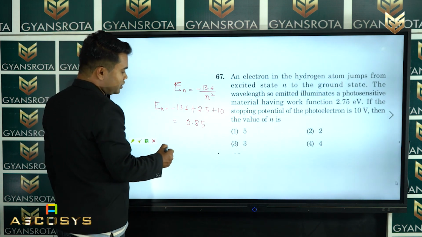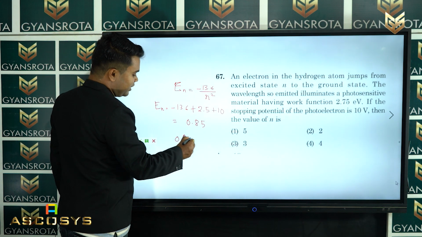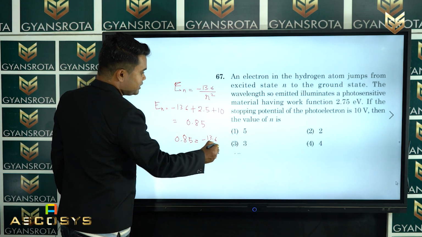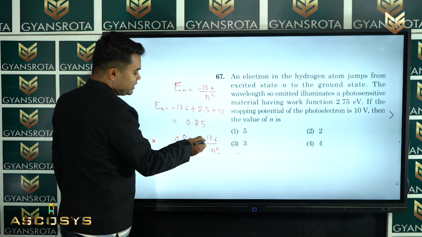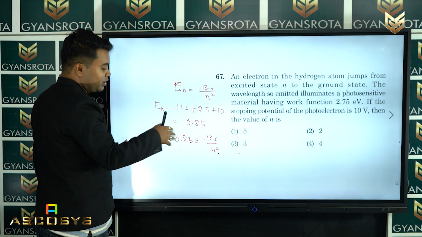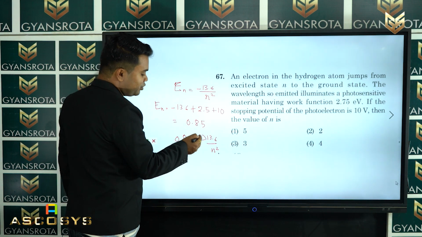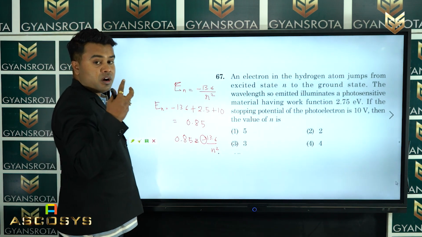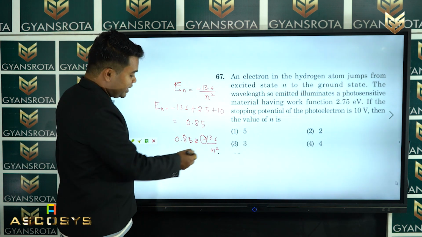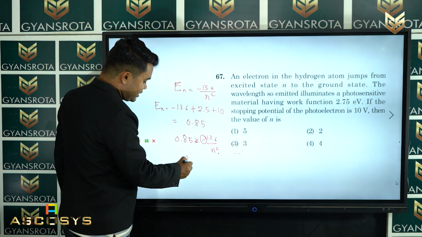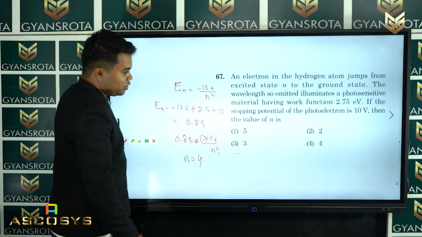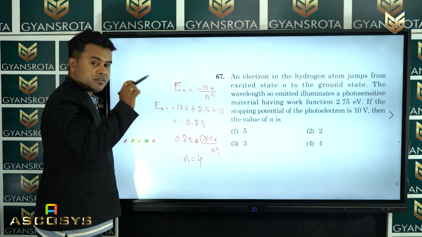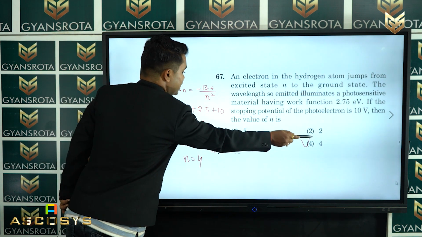Now, you put it in this equation, 0.85 is equal to 13.6 divided by n square. The minus is just the magnitude, so we can remove this minus sign, because the number of orbits will never be negative. If you solve this one, your final answer n will be equal to 4. So, the right option for this question is option number 4, which is 4. This is the correct answer.